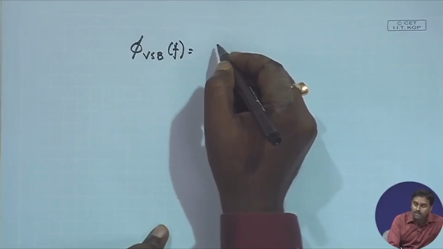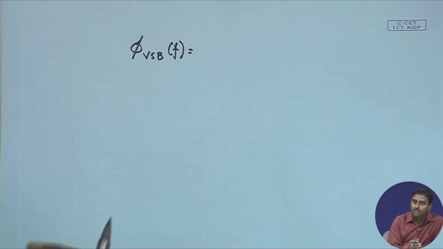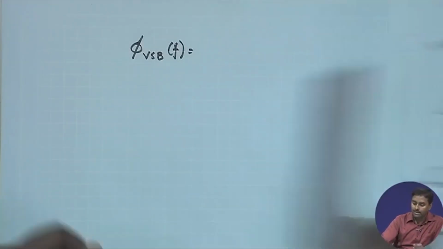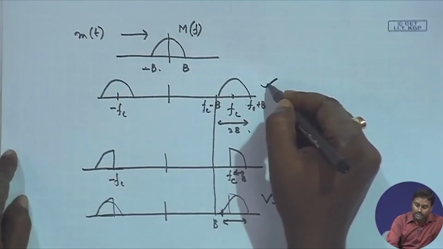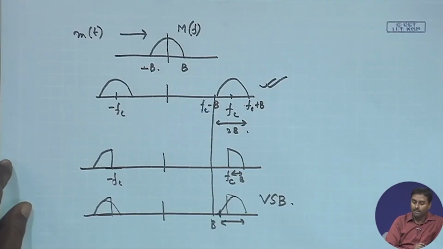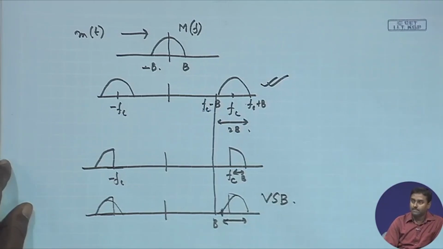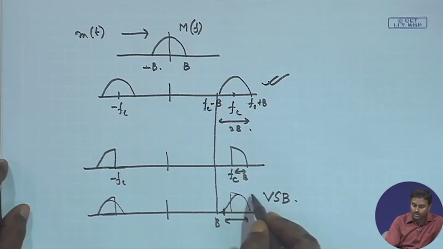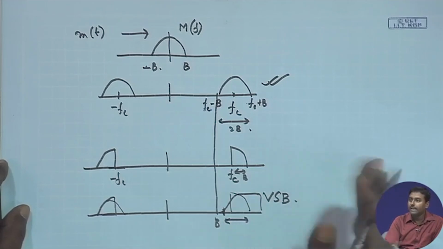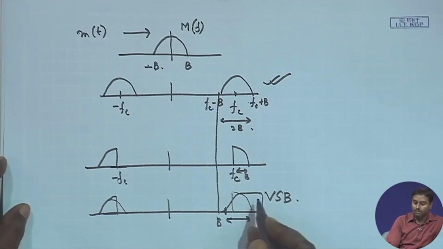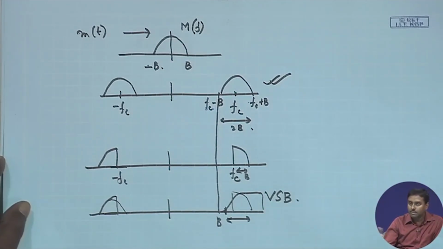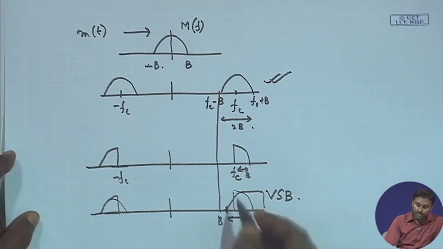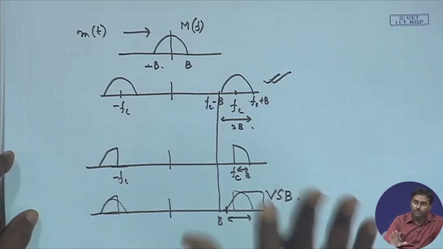It is actually nothing but the modulated signal, the DSB-SC, followed by a band pass, or sorry, a high pass filtering. Either high pass or it can be a band pass also, you can end it later on. The upper side is not a problem, anywhere you can end. Only the lower part, the filter has to be properly designed.